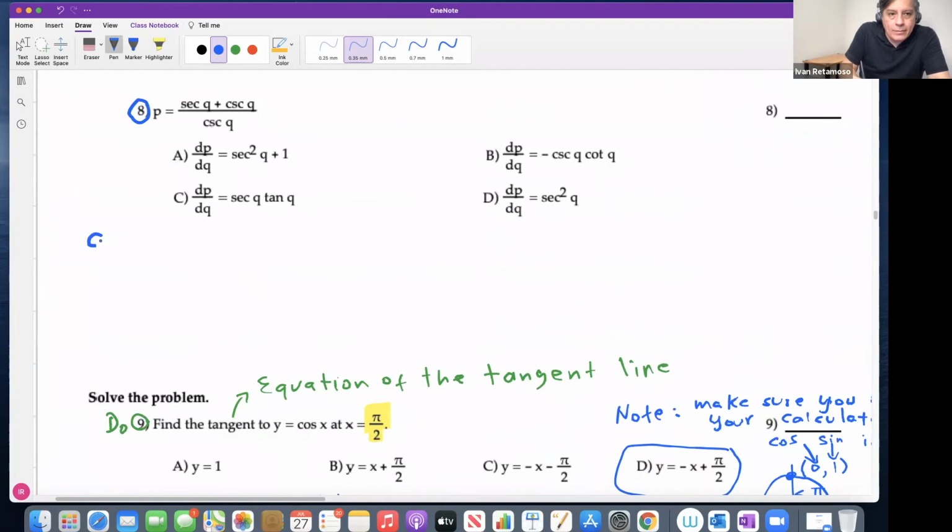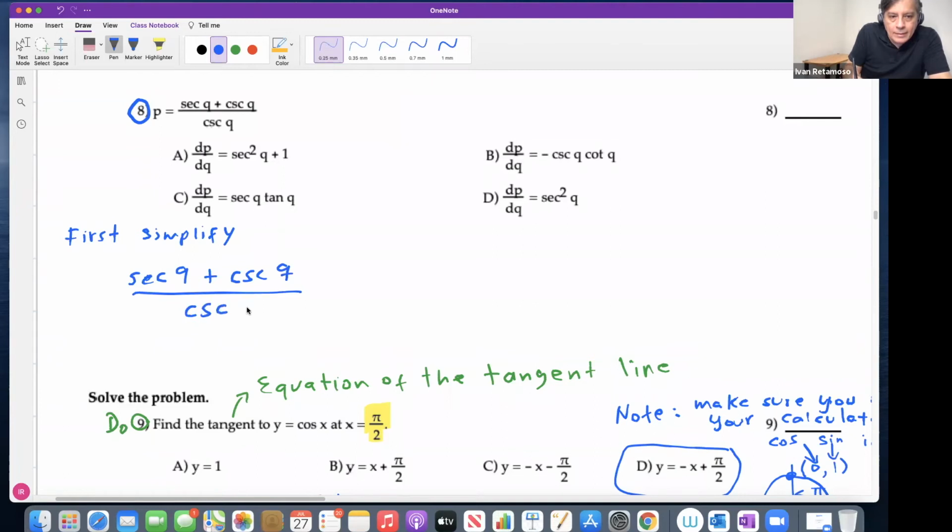So you are supposed to take the derivative of P with respect to Q. But first, simplify. You can follow what I did before. First, simplify, meaning divide this cosecant of Q into these two separately.